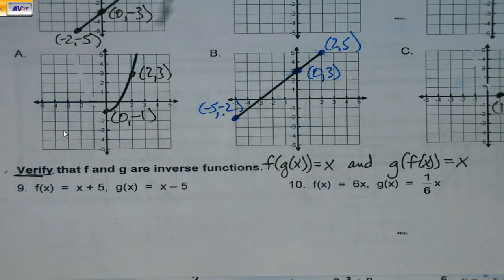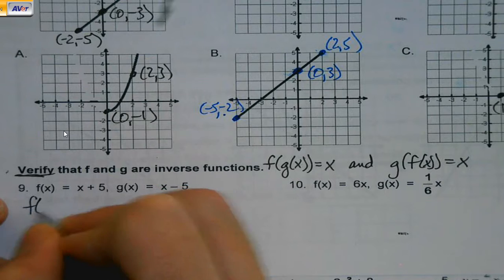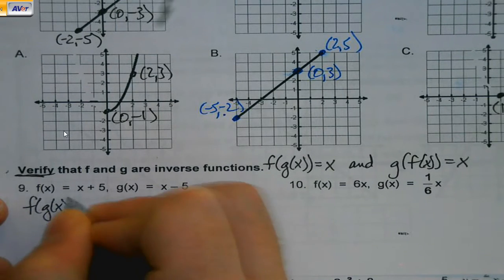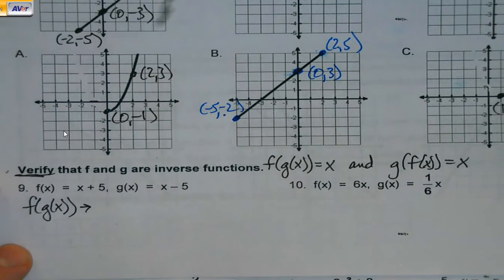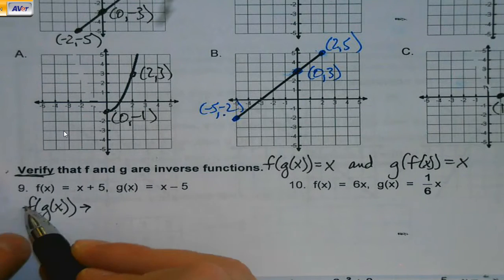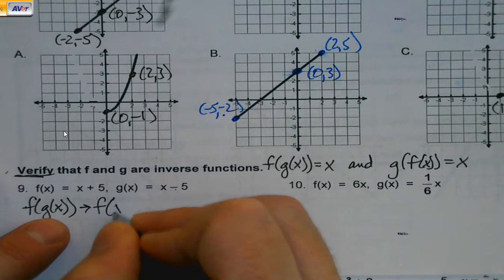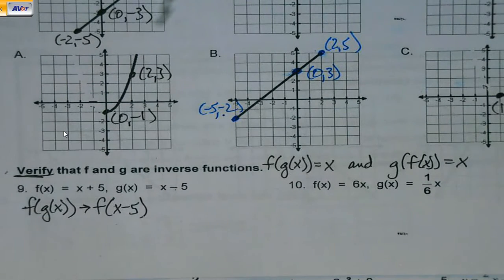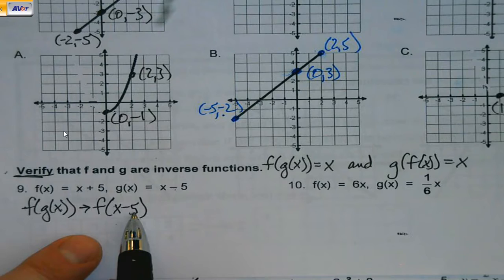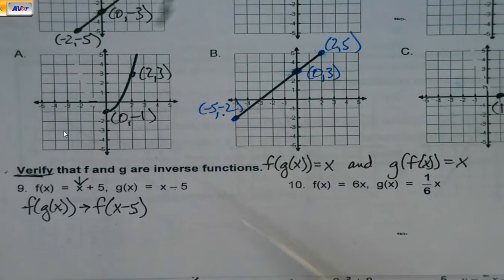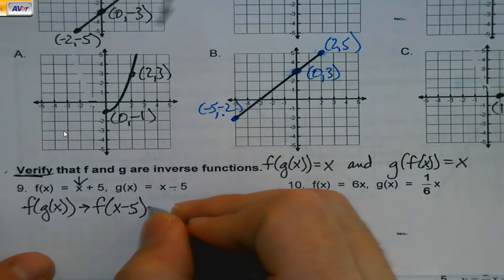So let's say, for instance, we do number 9. Okay, so if I'm going to do f of g of x, what that means is I'm going to take my g of x, I'm going to plug it into f. In other words, g of x is x minus 5. So I'm going to take this x minus 5, and I'm going to plug it in for that x.